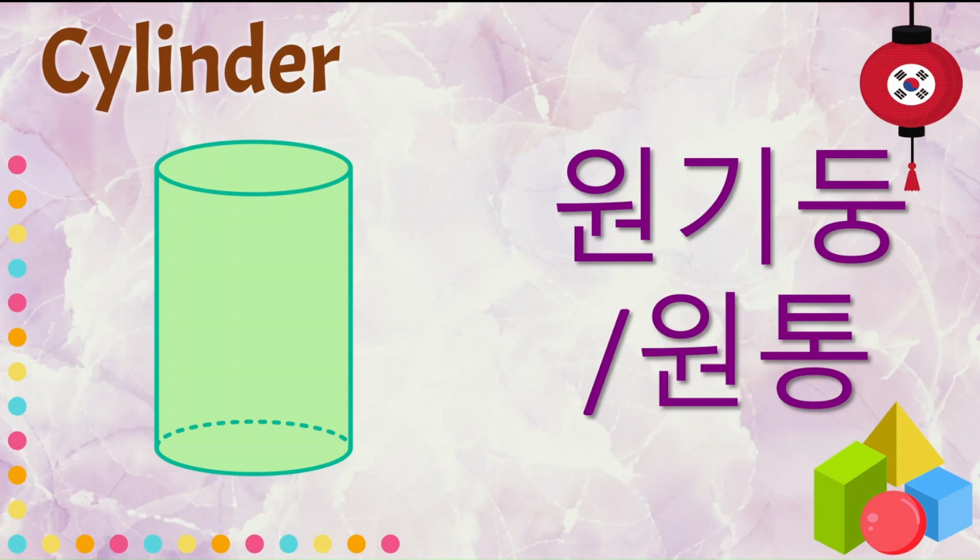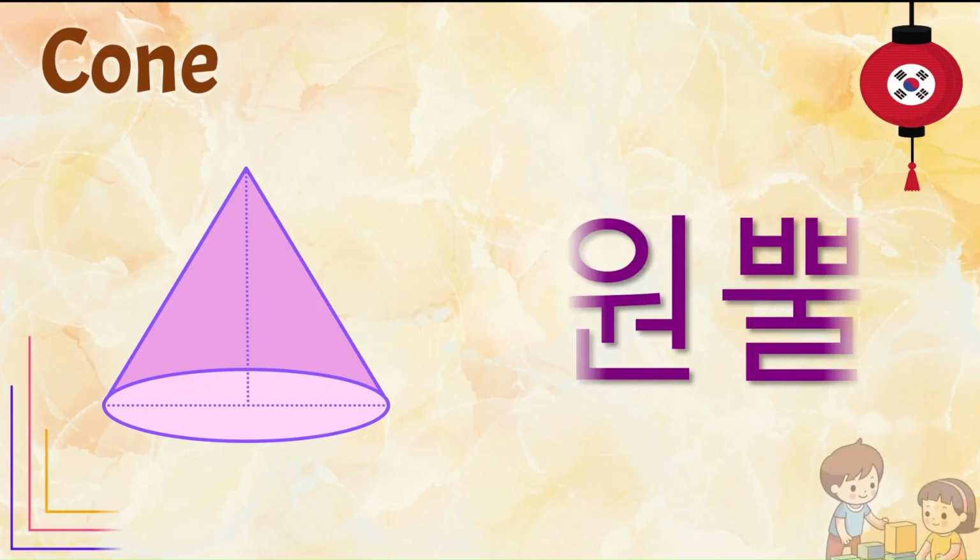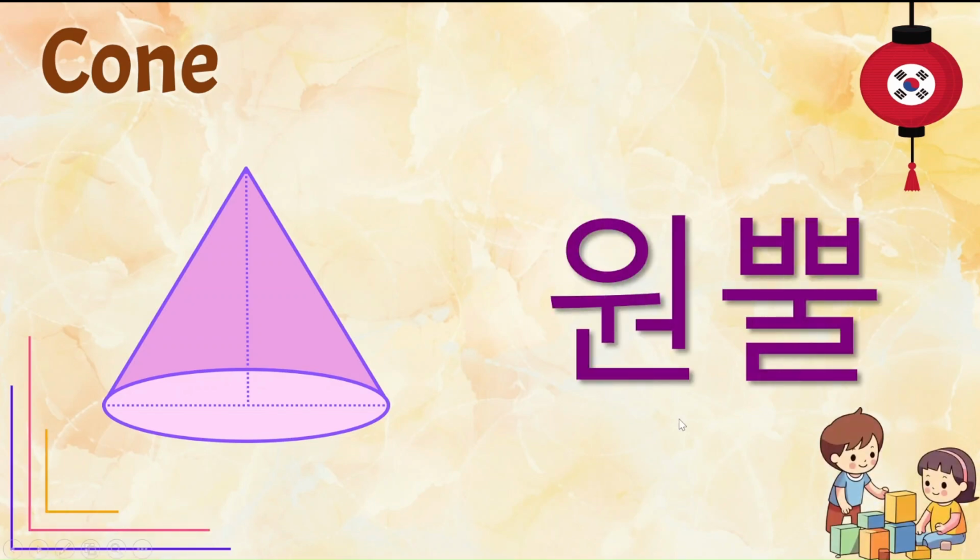This word is very easy to remember. And the other word for cylinder is 원통. 원통. Okay. Now let's move ahead and see the word for cone. So cone in Korean is 원뿔. 원뿔. 원 again comes from the word circle in Korean. So cone has a base that is circular.